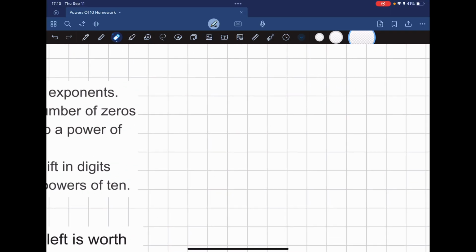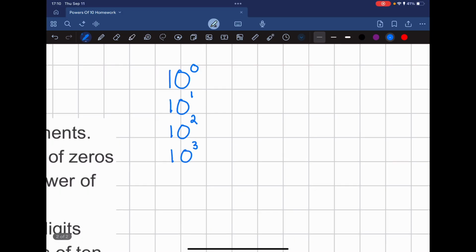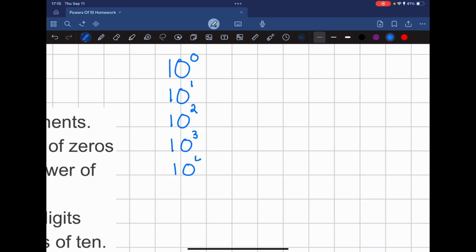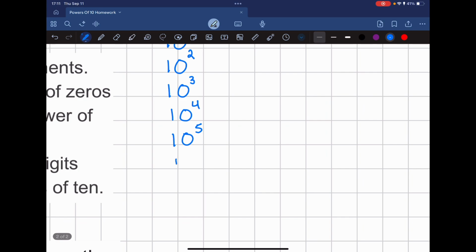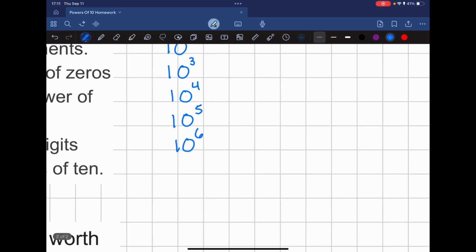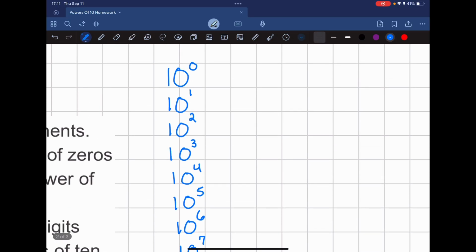The chart that we wrote down last week began with 10 to the 0 power, 10 to the first power, 10 to the second power, 10 to the third power, 10 to the fourth power, 10 to the fifth power, and I believe we stopped at 10 to the sixth power in class, but on the anchor chart in class, I actually go out to 10 to the seventh power, and I'm going to show you why in a minute, okay?